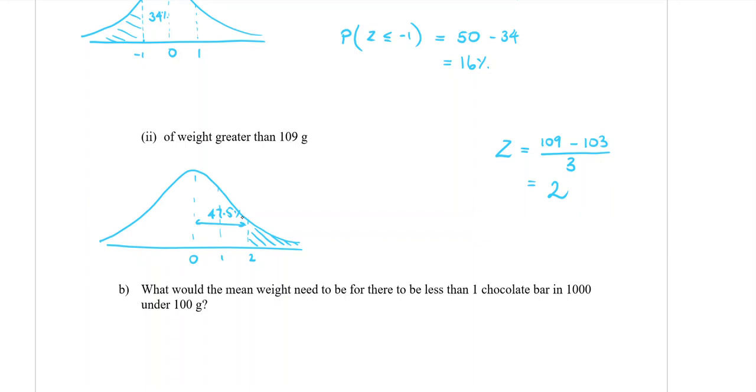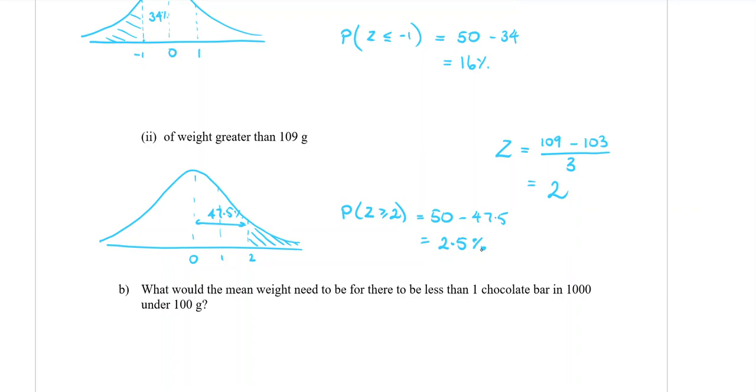Okay, so all we have to do to find the probability of a z-score of greater than 2 is to do our 50% minus the 47.5 that we don't want, which means 2.5% of chocolate bars would be above 109 grams. Half, that's right. Yep.